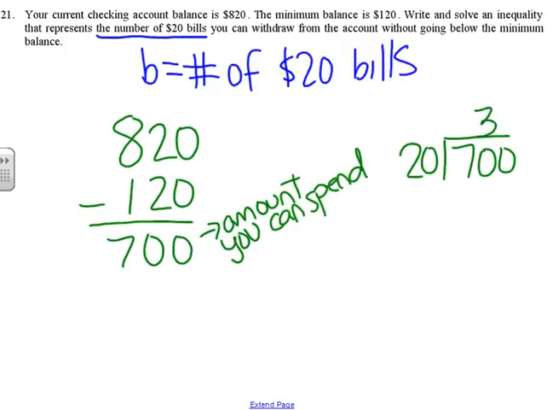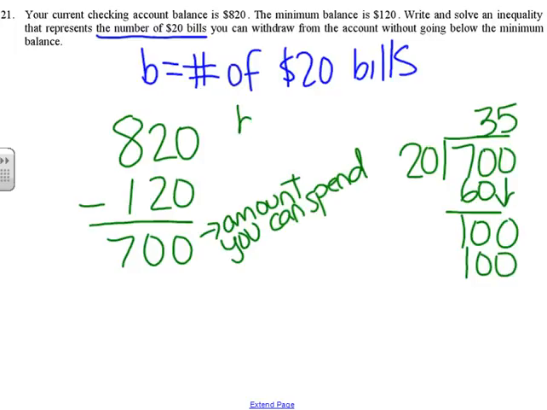So 20 will go in 3 times, and 20 goes into 100 5 times. So the number of $20 bills, you can spend up to 35 $20 bills. Okay, that's kind of level 1 if you're having a hard time with the word problems.